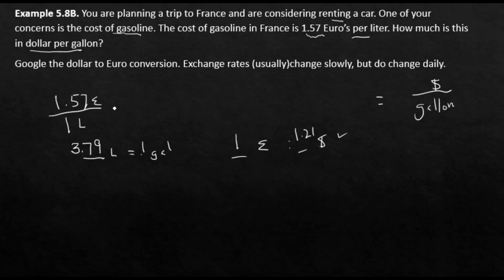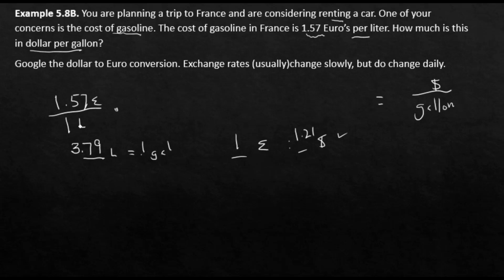So our first thing is you can go eeny, meeny, miny, mo. You want to change euros into dollars, or do you want to change liters into gallons? I mean, there's no set way of doing it, but you've got to do one or the other, obviously. So let's say you decided to change liters into gallons. So what are you going to use for a conversion?